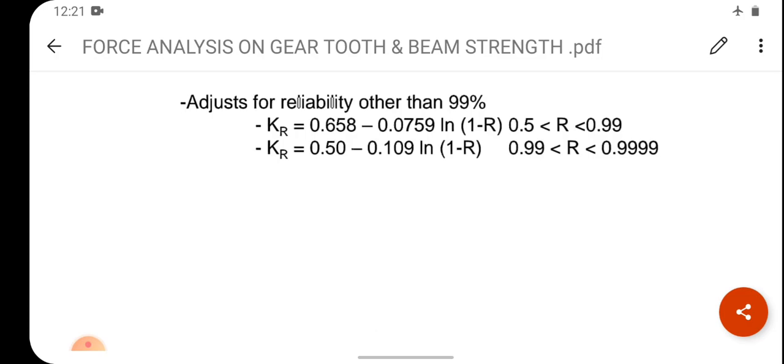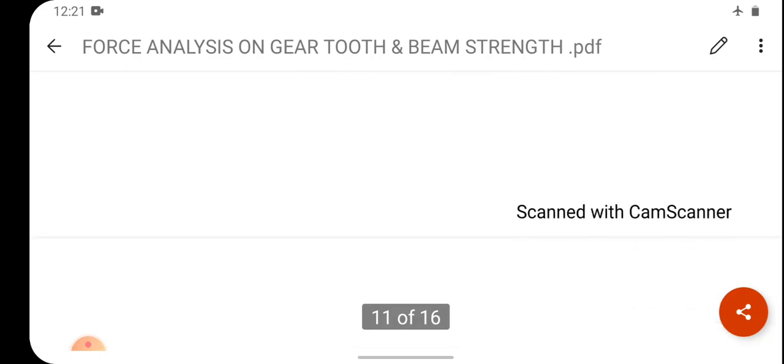So this is the relation for adjusting the reliability factor. And similarly Kr 0.502, 0.109, 1 to r and 0.99 less than r less than 0.9999. Clear? So this is the reliability factor.